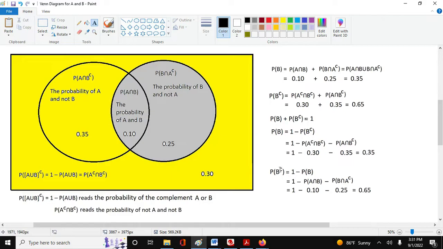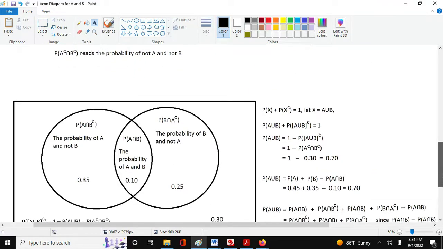Same thing with probability B complement equals 1 minus probability B. So everything that's gray, if we subtract that from 1, 1 minus 0.35, we get 0.65, which agrees with what we have up here. Again, add these two together, we get 1. All right.